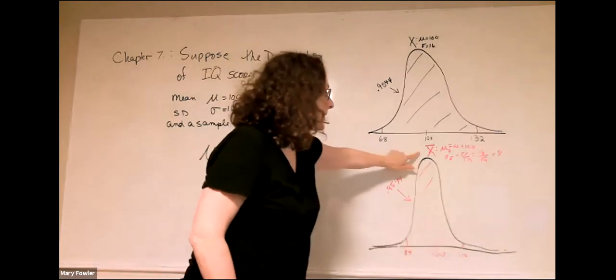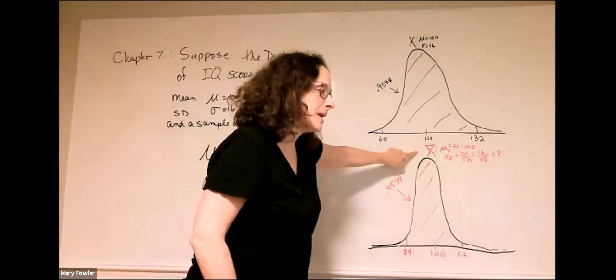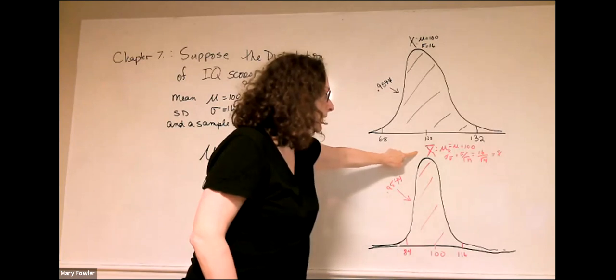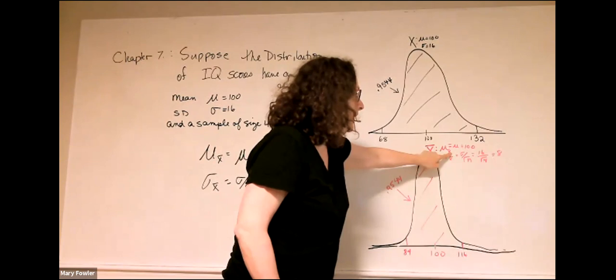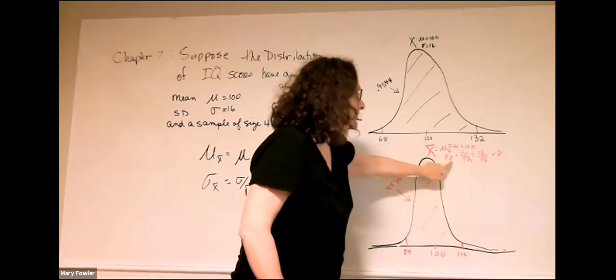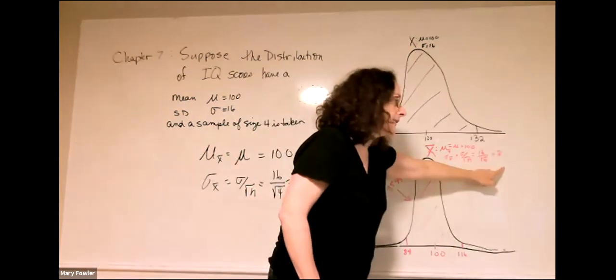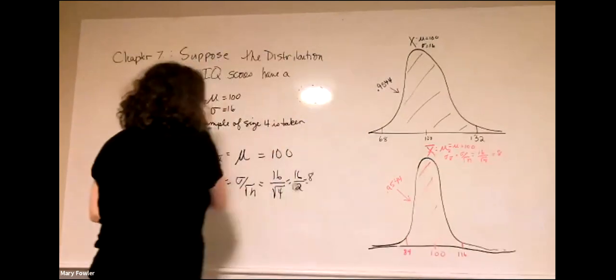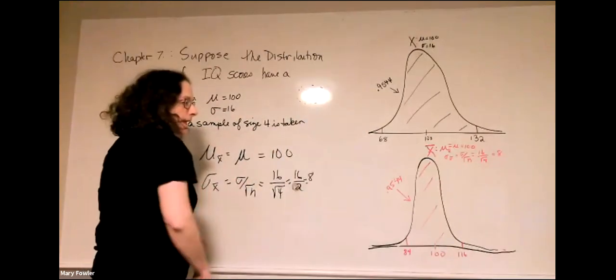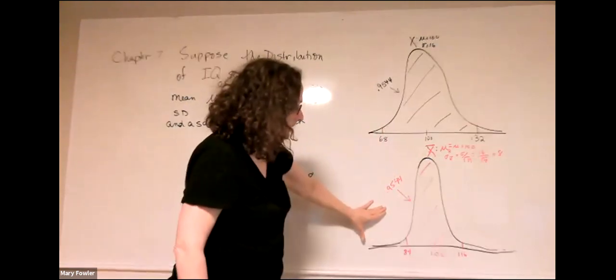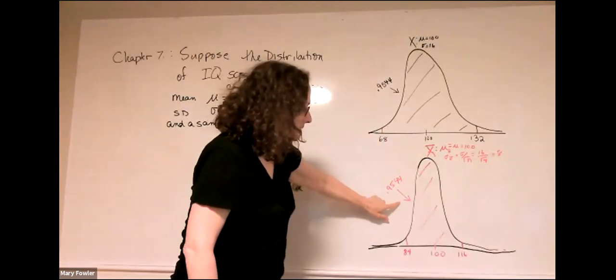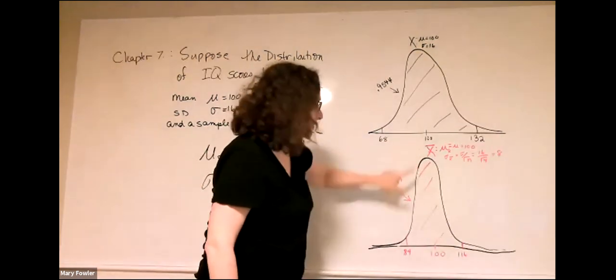Now, if we want to think about the distribution of the sample mean, it has a mean of 100 and a standard deviation of 8, right? That was the result we got from here. And this is what the distribution of the sample mean looks like.